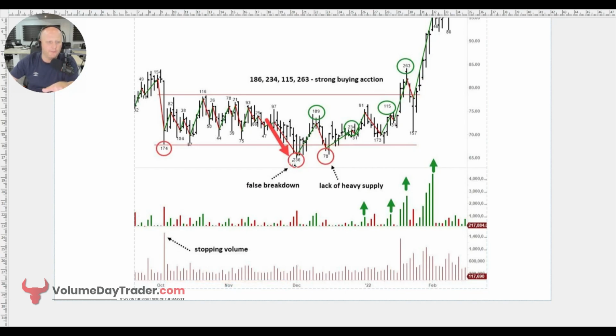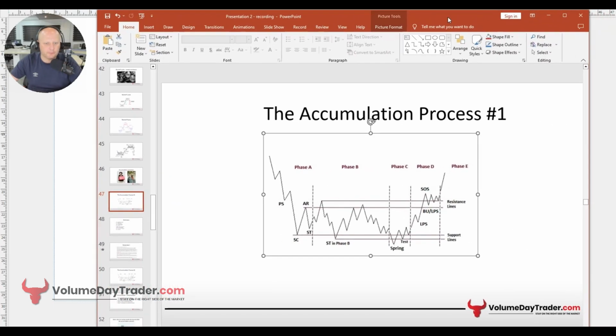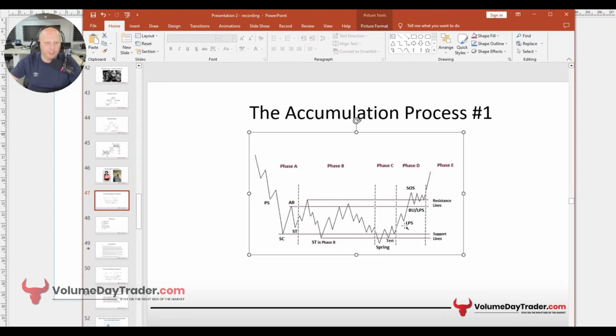But after this session, where we have a close here, the next day the market came back and closed inside the range. And look at the next close, next close, next close. You see it? So that was a spring formation, a spring, a fakey breakdown.